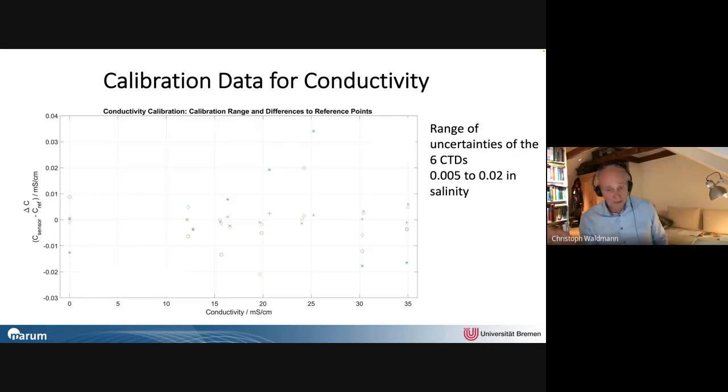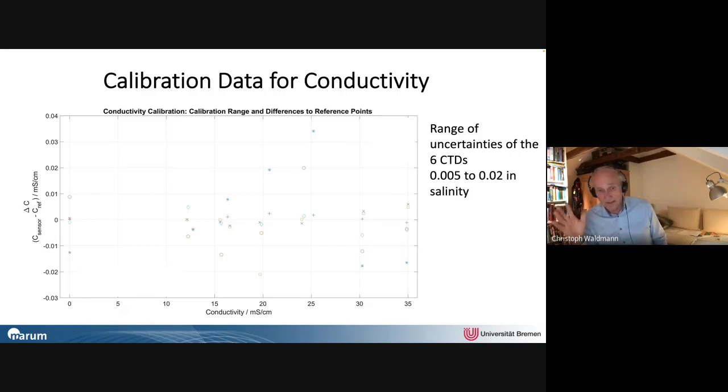You probably know that Argo CTDs are claiming that the salinity data have an accuracy or uncertainty, I think they use it synonymously, of 0.01. I think one has to look carefully into whether they can really guarantee it. And anything that's better than that has an issue. I don't see how this could work.